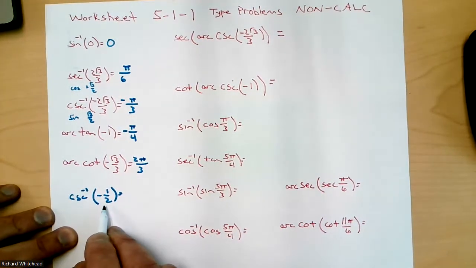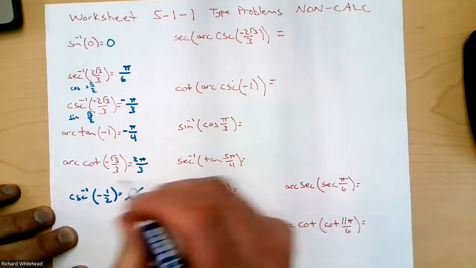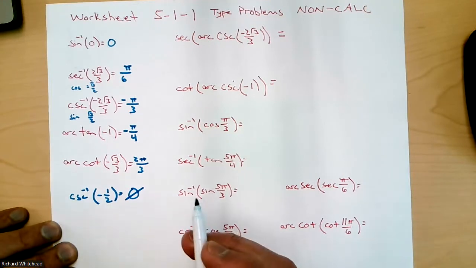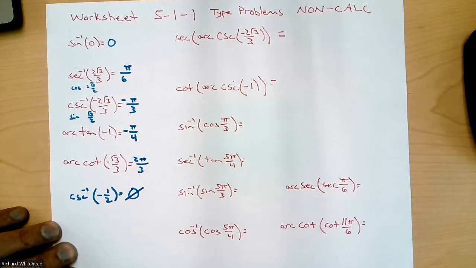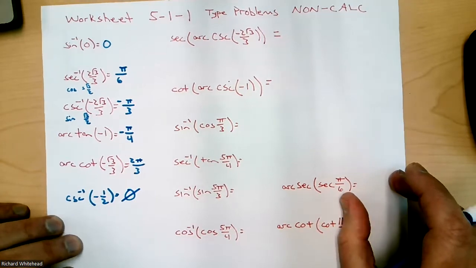When does cosine equal negative 1/2? There's never an angle when cosecant is equal to 1/2. I just thought of something else I should have added on here, but if I think about it, I'll come back.